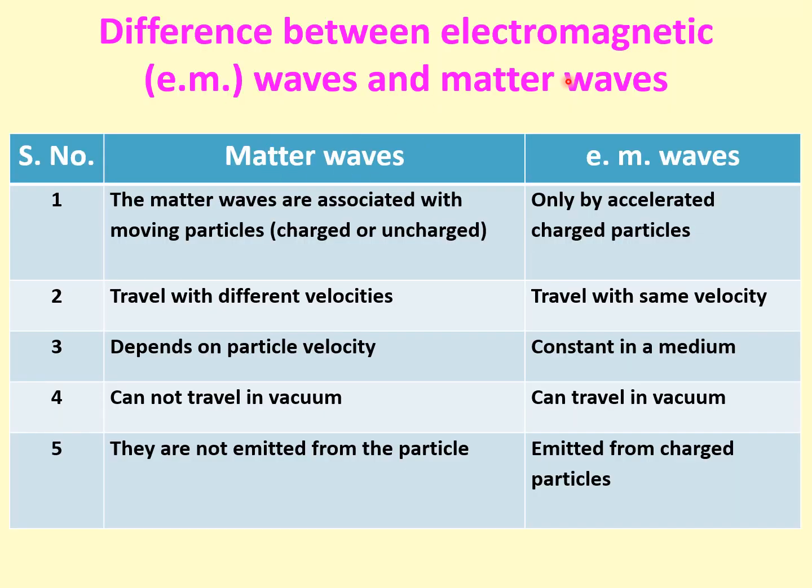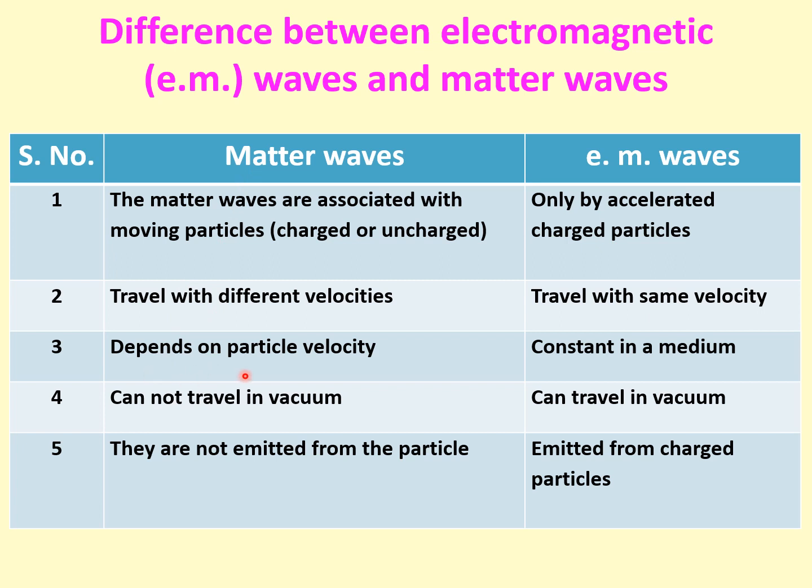What are the differences between electromagnetic waves and matter waves? Matter waves are associated with moving particles, whether they are charged or not, but electromagnetic waves are associated with accelerated charged particles. Matter waves can travel with different velocities, but electromagnetic waves travel with the same velocity, and in vacuum they travel with the speed of light.